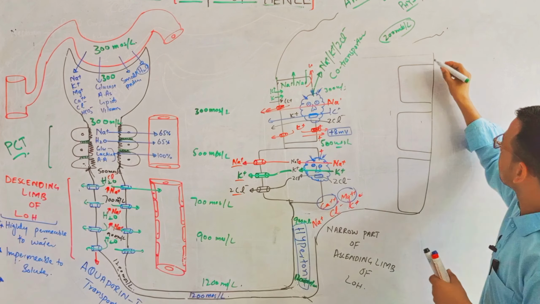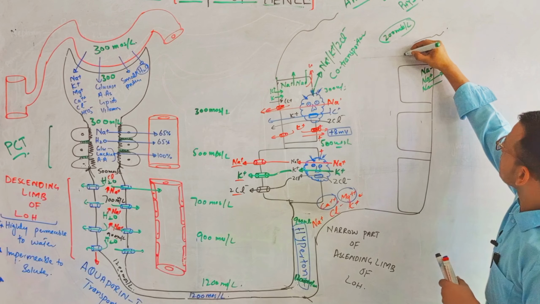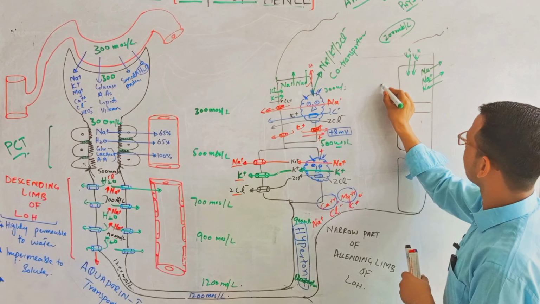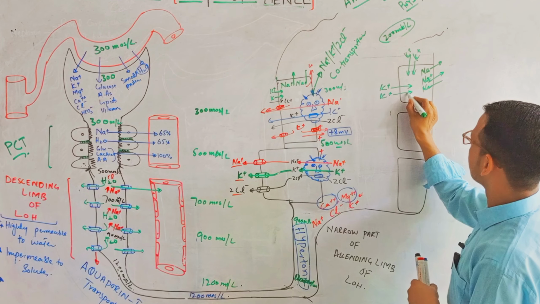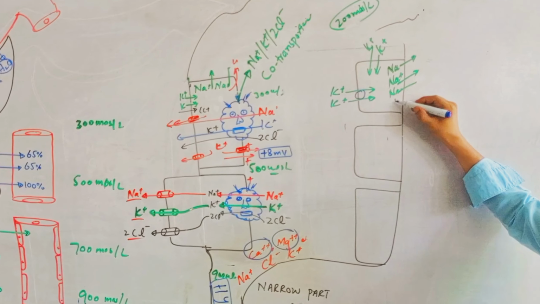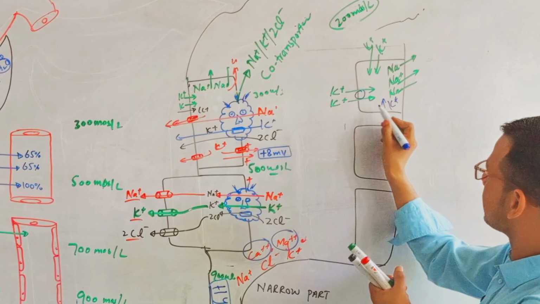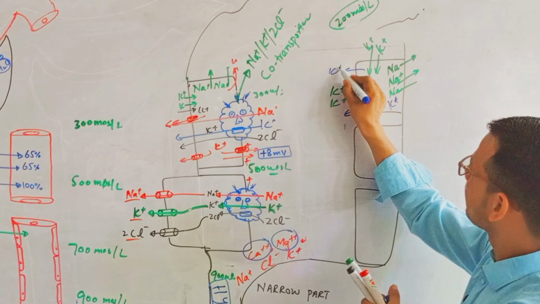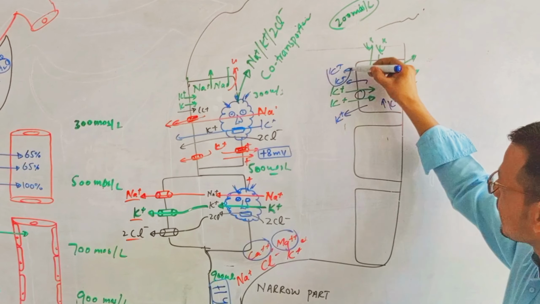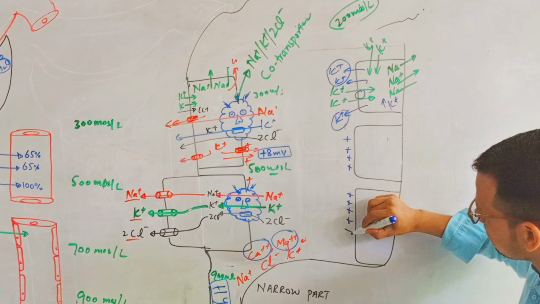Potassium is like that, sodium is leaving, and potassium is coming inside, and potassium is also coming from here by the sodium potassium chloride co-transporter. The concentration of potassium is high in the cell, so there are some special transporters by which this potassium leaves. They are called potassium transporters, right? And due to this potassium, this area is becoming more positive.